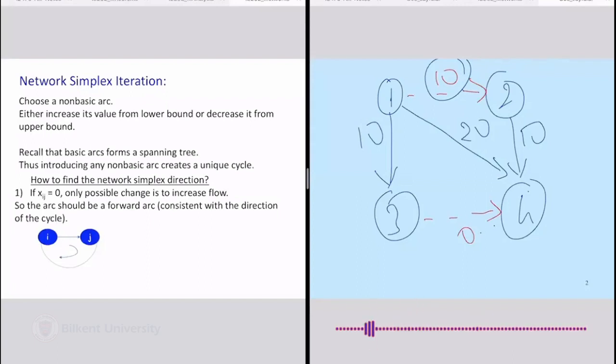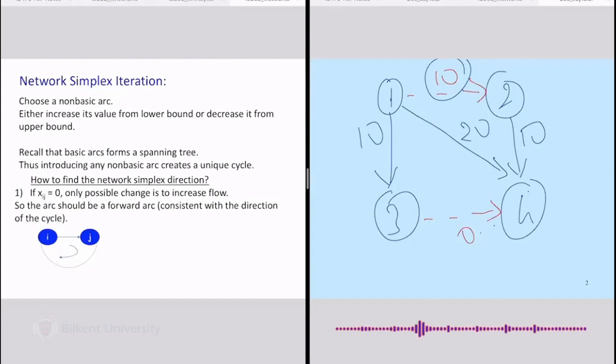Of course, remember, when I put an outside arc into my spanning tree, I will create a unique cycle. I don't want cycles in my basic solutions. They are linearly dependent on each other. So when I put an arc, I create a cycle.